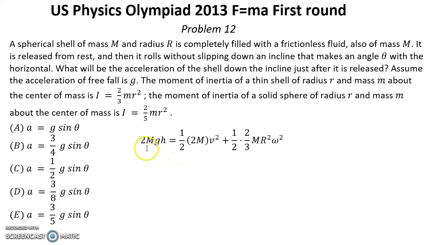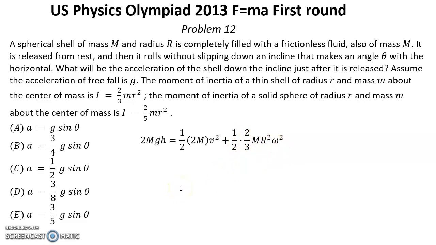The total potential energy of this system, 2mgh, is converted to kinetic energy, which is translational kinetic energy 1/2 2m v squared plus rotational kinetic energy of this shell, which is 1/2 times 2/3 m r squared omega squared.